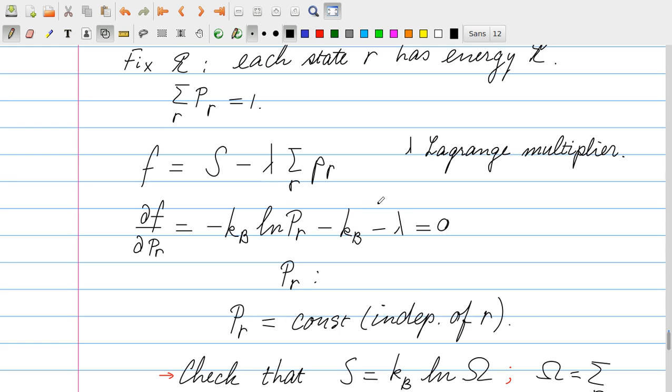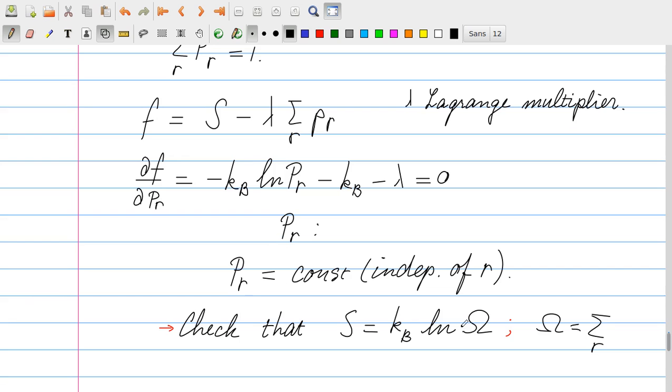You can explicitly calculate what PR is, and then if you do that, you can check for yourself that S is kb times the ln of omega, where omega is just the number of states, so it's the sum over all the states, where it should be kept in mind that all these states have the same energy, which is the energy of the microcanonical ensemble. So this is a nice exercise to check that this holds.